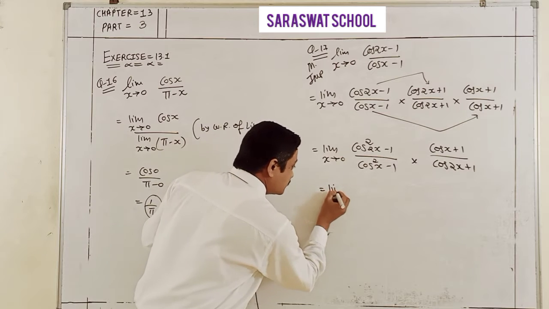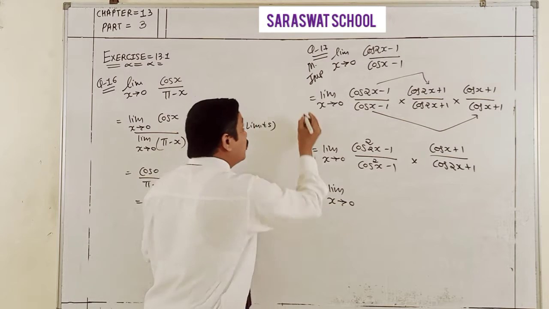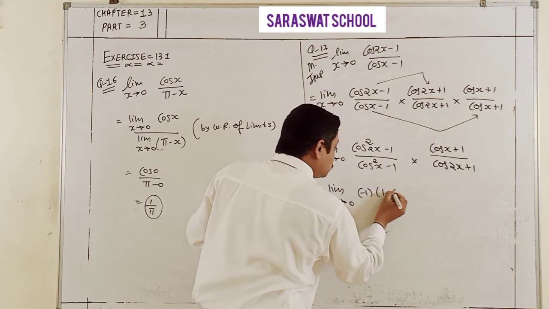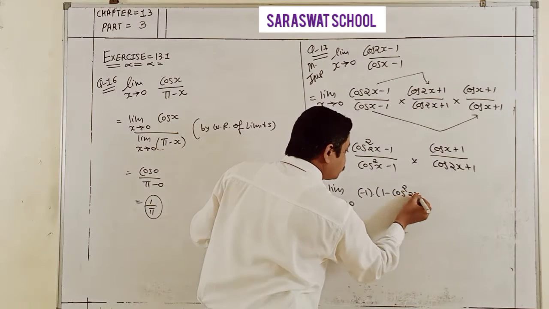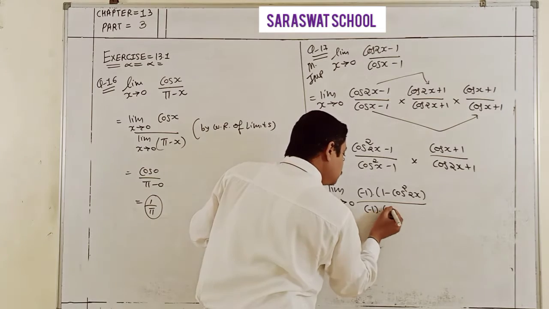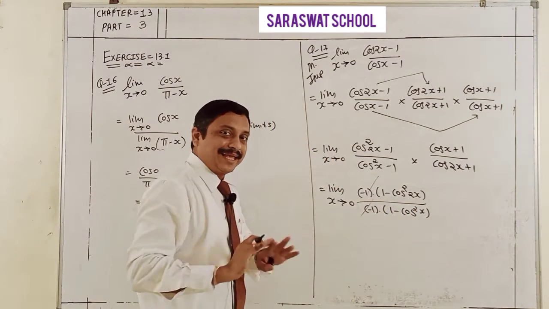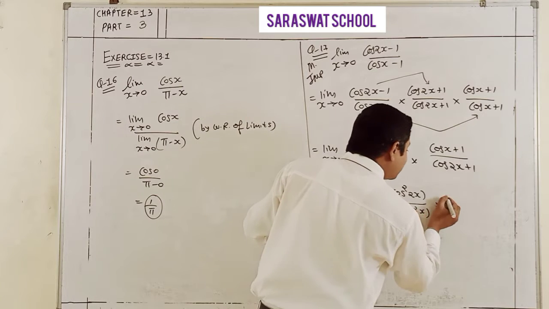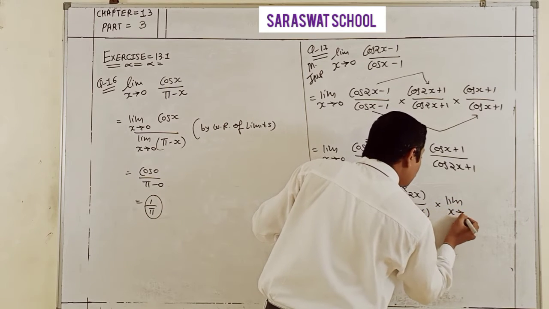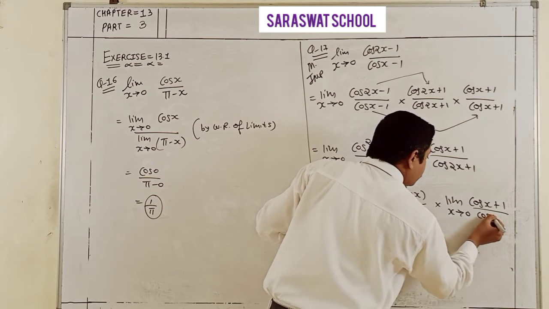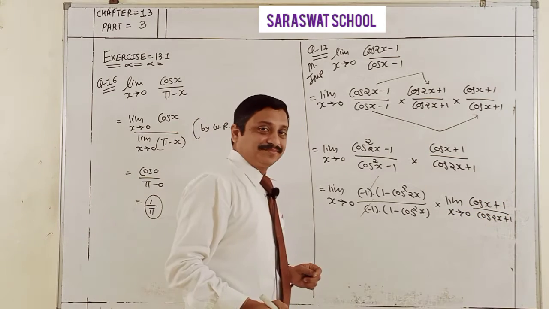So limit x tends to 0. Here I just take the common minus: 1 minus cos square 2x, minus 1 minus cos square x, and the minus cancels. For the other part, just apply the limit by working rule: cos x plus 1 by cos 2x plus 1.